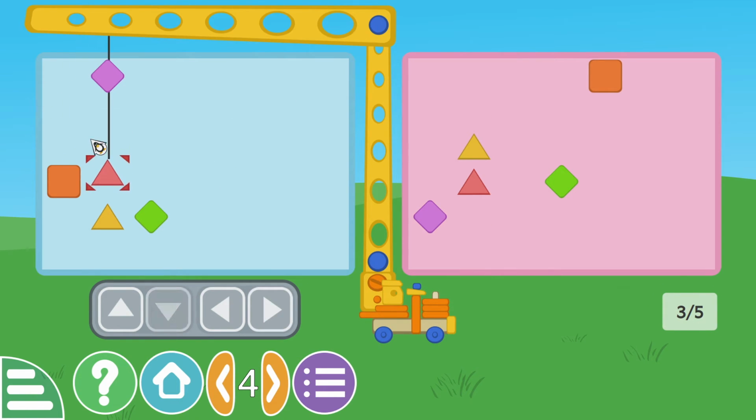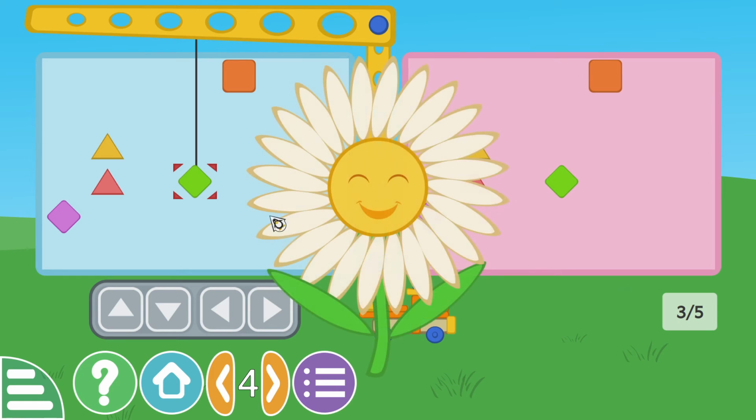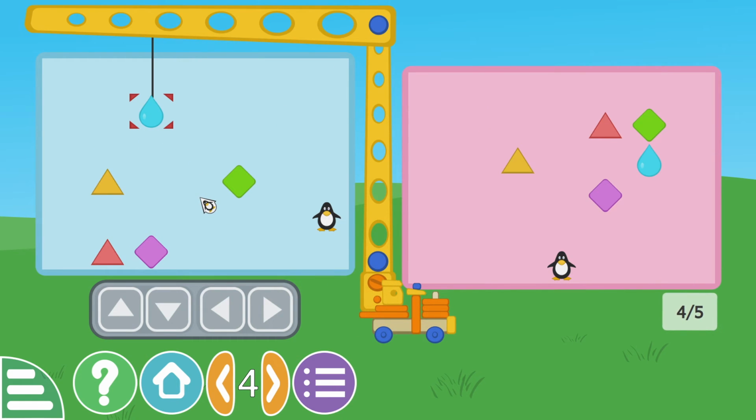So red triangle over here, 1 in, the yellow triangle 1 square above it. Move the red square up to the top row and a little bit off to the right. And the purple diamond and the green diamond a bit more in the middle.